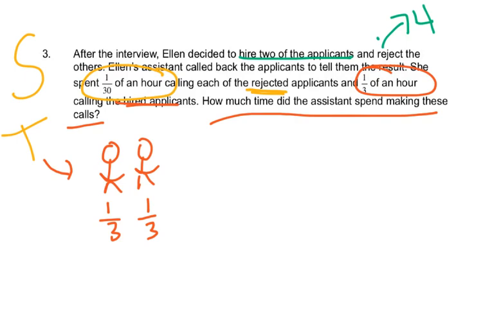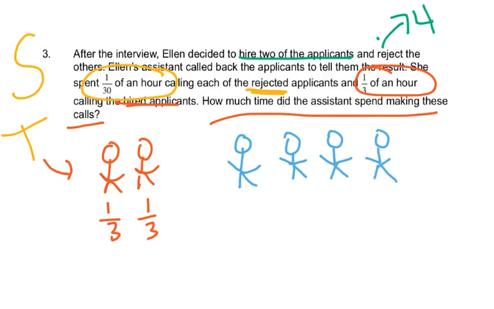And then she had the applicants that got rejected. So these poor 4 guys were told they were not going to be hired for the job. And so she only spent 1/30 of an hour with each of those.